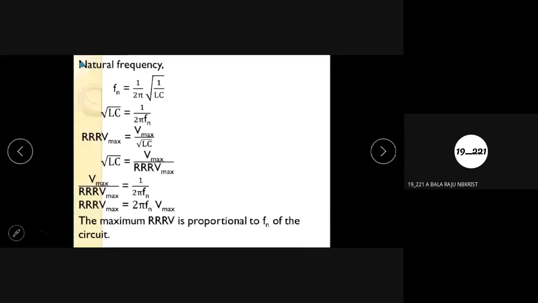You can do it either way. At last I will get 2 pi Fn V max. So you can derive the expression in terms of natural frequency: the maximum value of rate of rise of restriking voltage is 2 pi Fn V max.